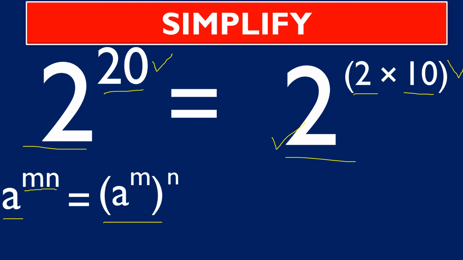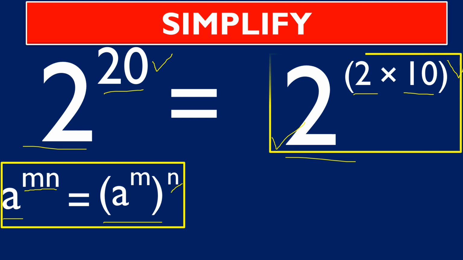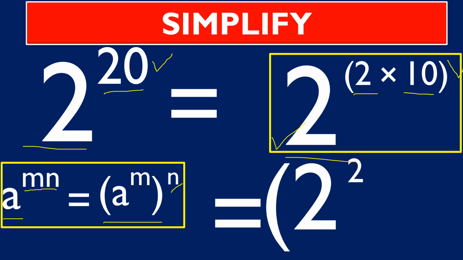That expression can also be applied to the expression on the top right, and when we apply it, we get 2 raised to the power 2, raised to the power of 10.